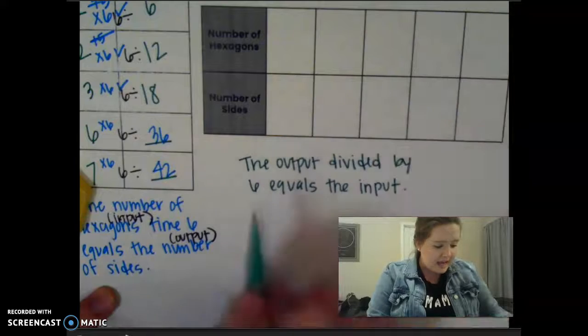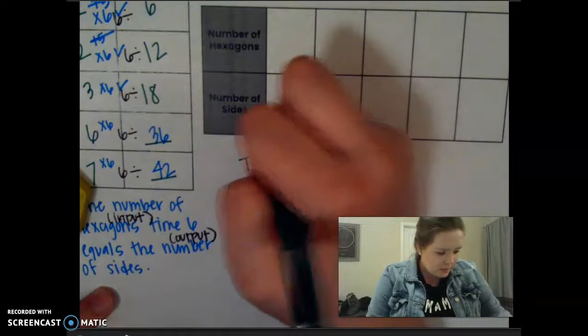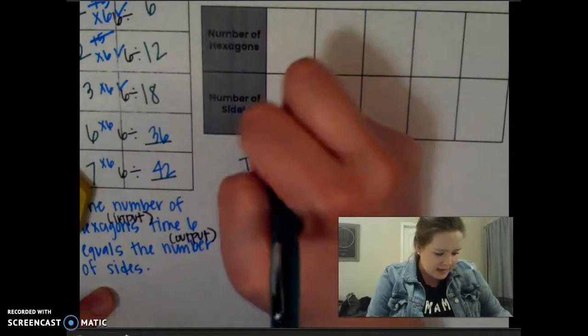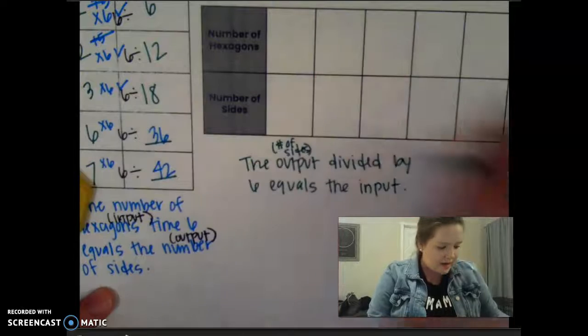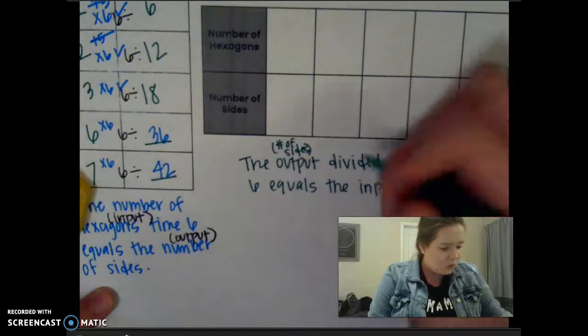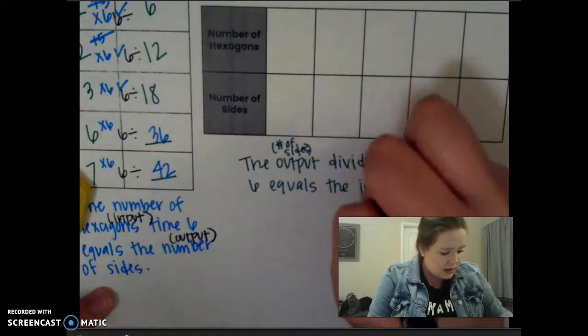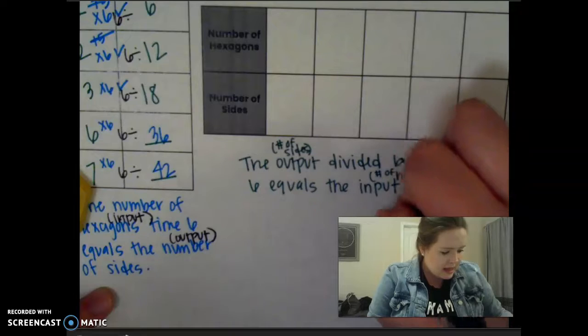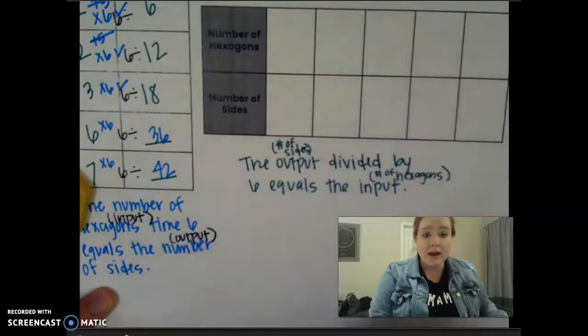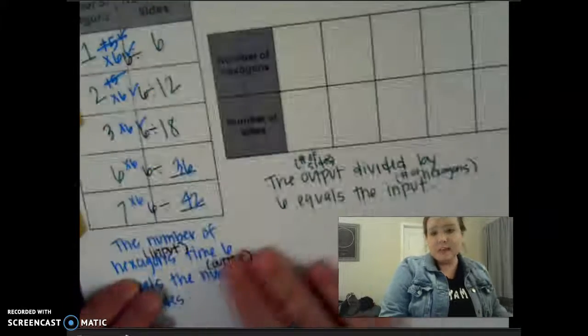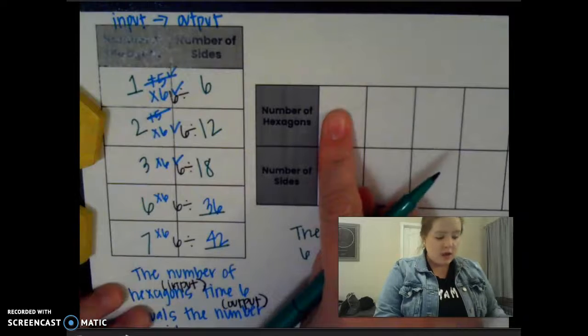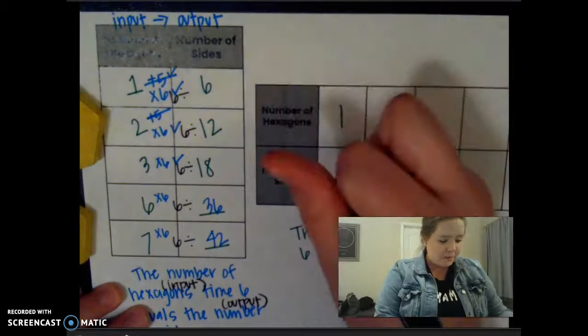Or it could say the number of sides divided by 6 equals the number of hexagons. All right? But you could also see this one done like this. Okay?